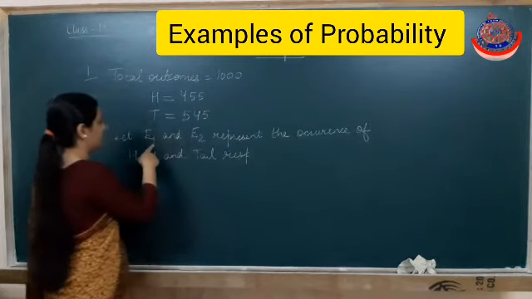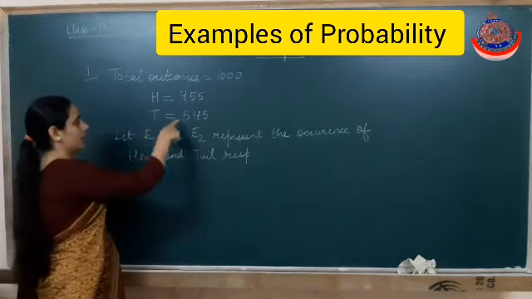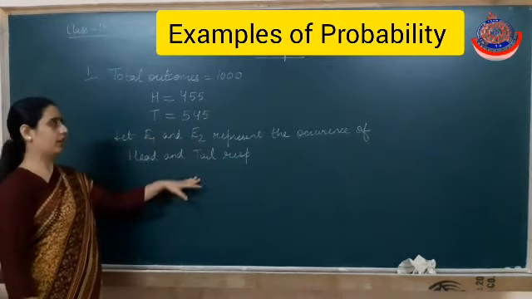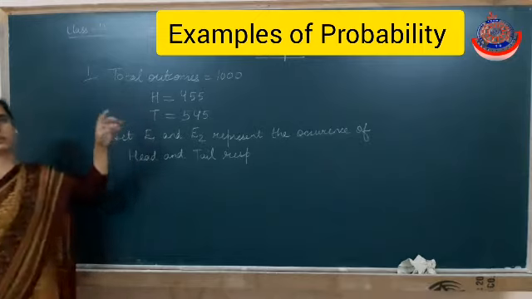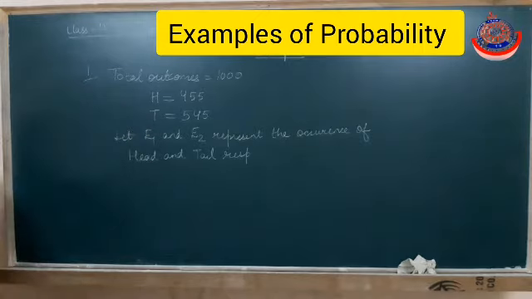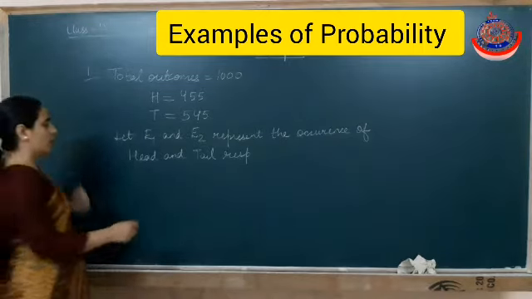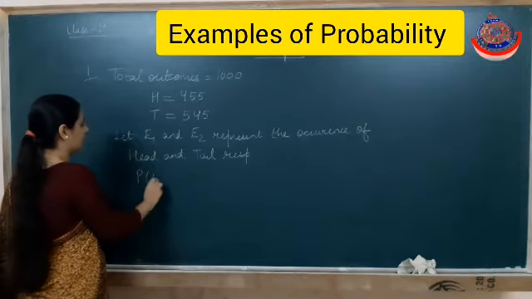Fine. E1 we have taken for head and E2 we have taken for tail. You can take any other alphabet, even you can take H and T also. So now probability of E1.